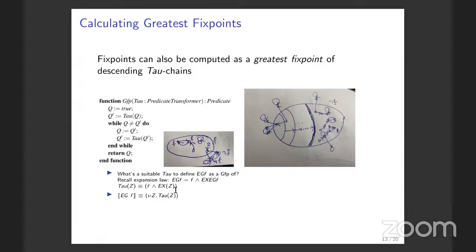So you're using this F and EX of Z to remove these SCCs and states that lead in one or more steps into an SCC on which F does not continuously hold, in the sense that every state satisfies F.